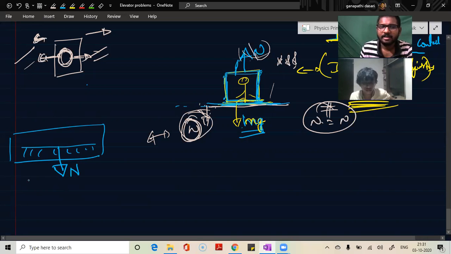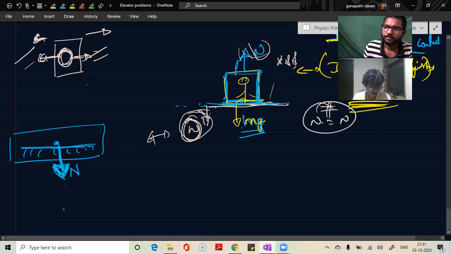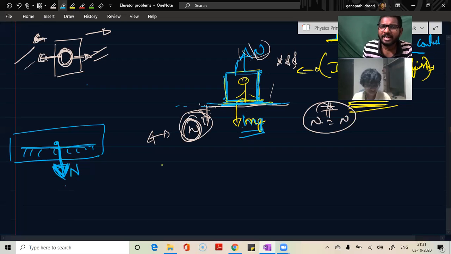This normal reaction is an external force on the ground, which pushes it downwards, because at the contact points it will push downwards. If you draw the free body diagram of only the man, the normal acting will be pushing him upwards. You got it?